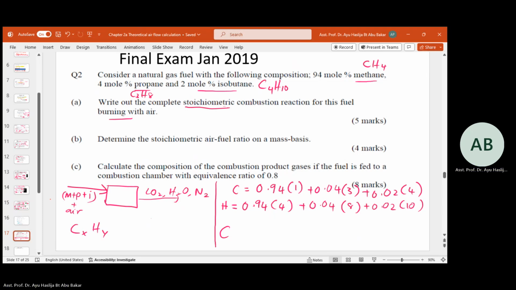Apa dapat? The new formula. Yes, correct. Okay, so this is the new formula. So generate the stoichiometric combustion equation using the new formula. Kita kena cari A dia.